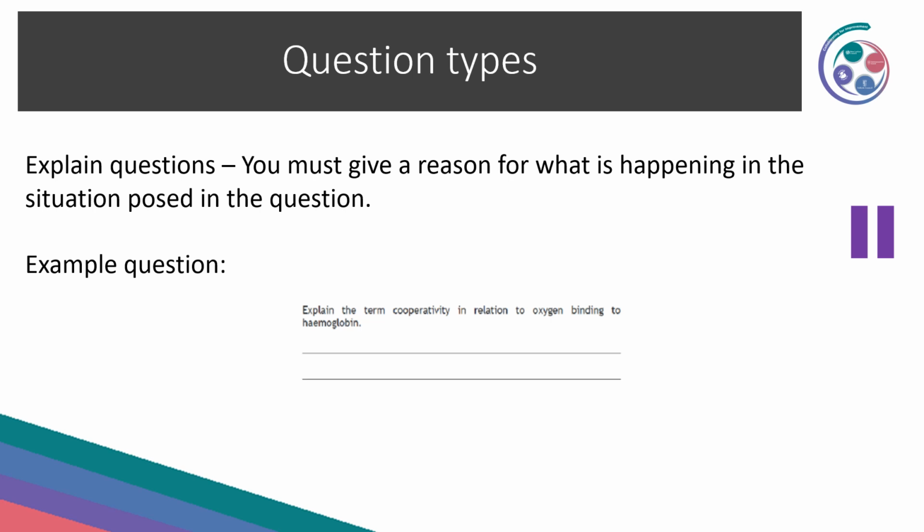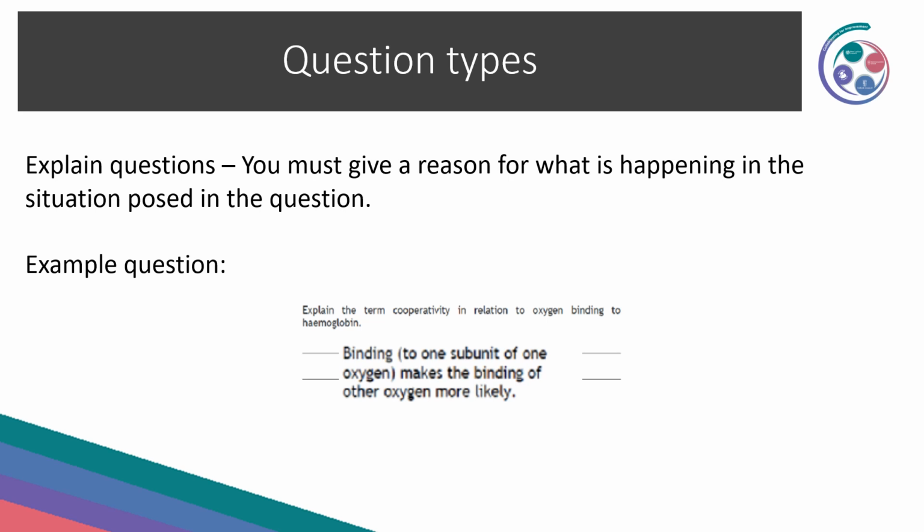So same thing again, pause this video here and have a go at this question, try to make an answer, just a 1 mark answer. We've got our explain question here and we've got our answer on the screen now. We had to relate our answer to the situation of cooperativity and how it relates to the binding of oxygen with hemoglobin. What we can see is that the binding of one oxygen makes the binding of other oxygen more likely.